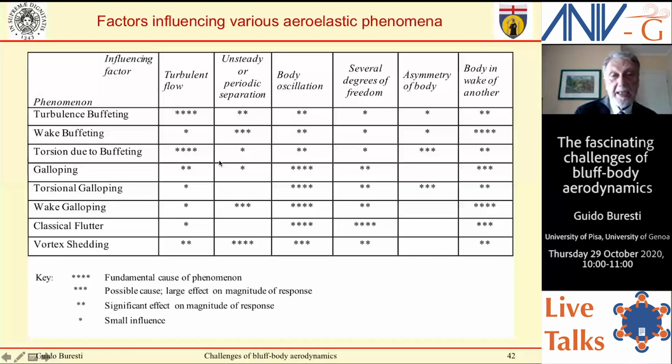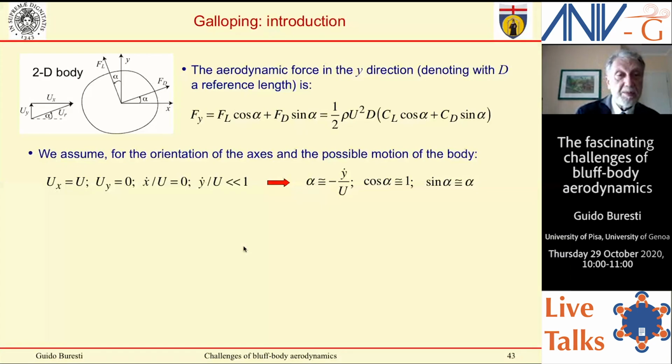Galloping, obviously, the origin is the body oscillation. Vortex shedding is the unsteady separation, as we saw. And galloping, I won't go into the details at all. We just imagine you start with a body with velocity in the x direction which may move only in the y direction, and a possible movement in the downstream direction, for instance, gives rise to a positive angle of attack.